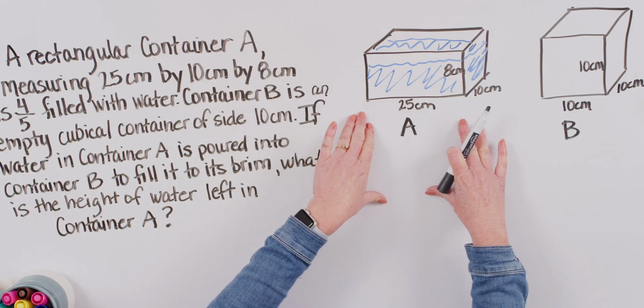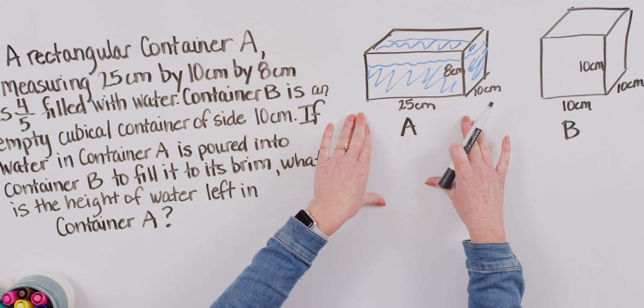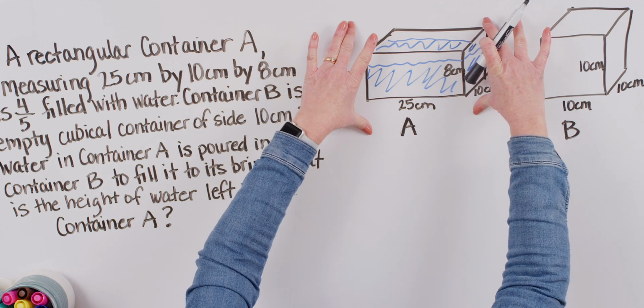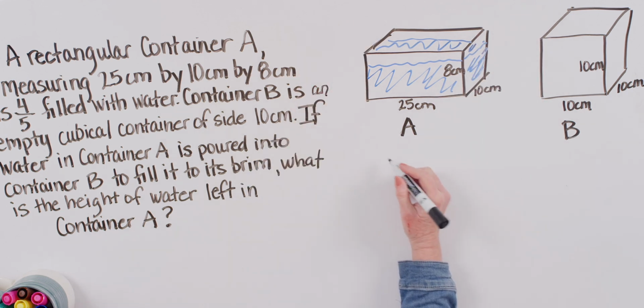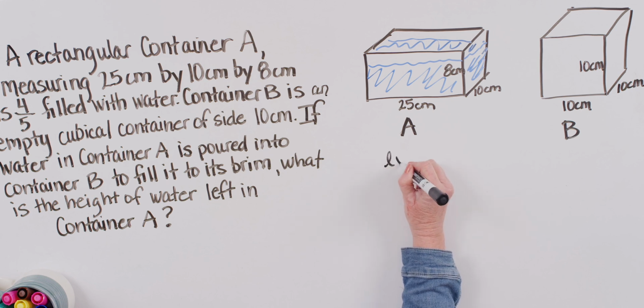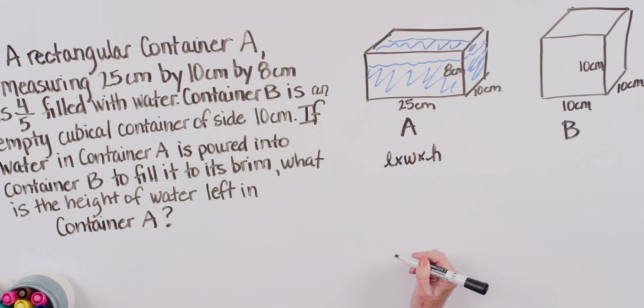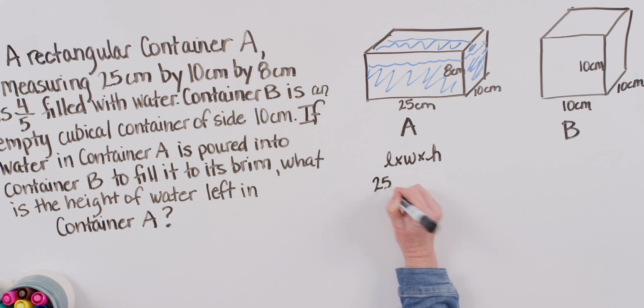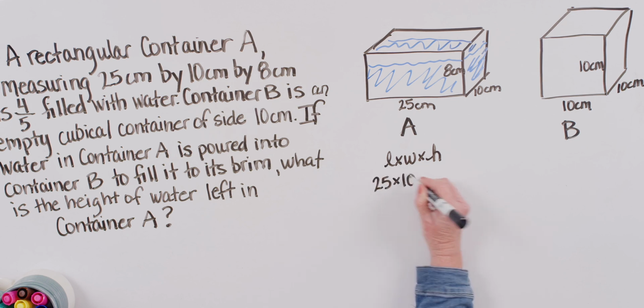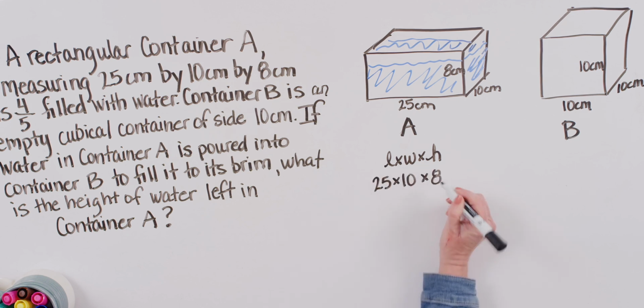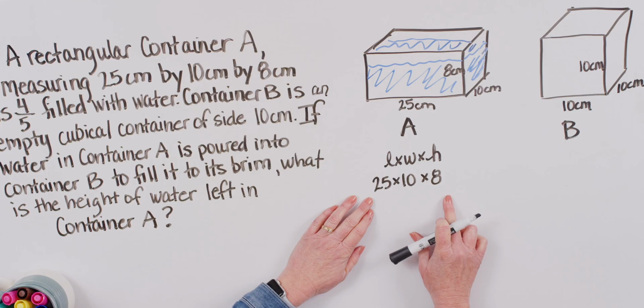Now we're wanting to find the volume of the water. So we'd first find the volume of the full rectangular prism. So I would do my length times width times height to find the full volume. So I would take my 25 times my 10 times my 8, right? What do you get when you multiply all of these together?